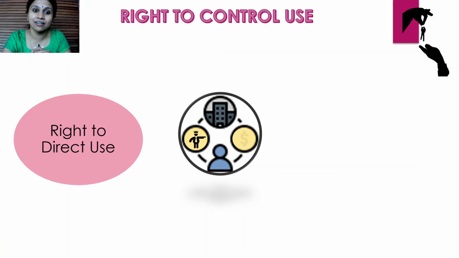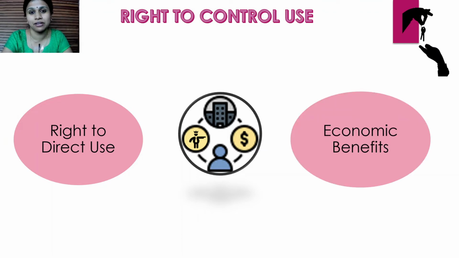This is known as the right to direct use of the asset. Now, the next thing that we check is money. That is, does Mr. Blue get substantially all the economic benefits relating to the use of the asset? So first, let us cover the more complicated right to direct use of the asset.